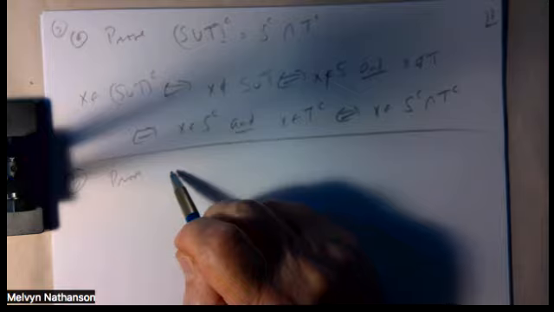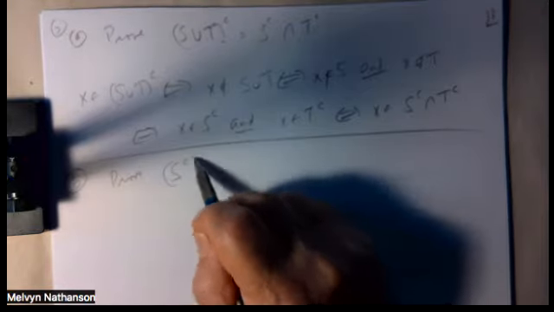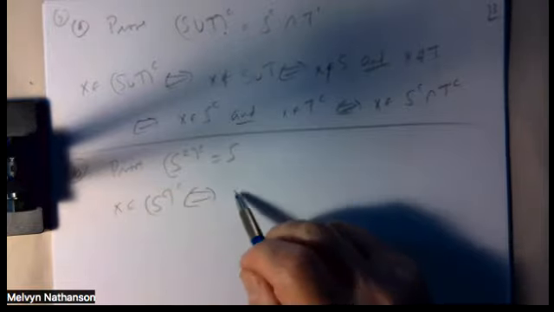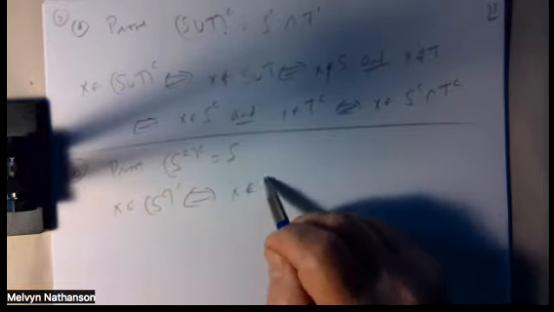Part B is to prove that the complement of the complement of a set is equal to the set. So let's see, what does that mean? So X is in the complement of S complement if and only if X is not in S complement. Right?